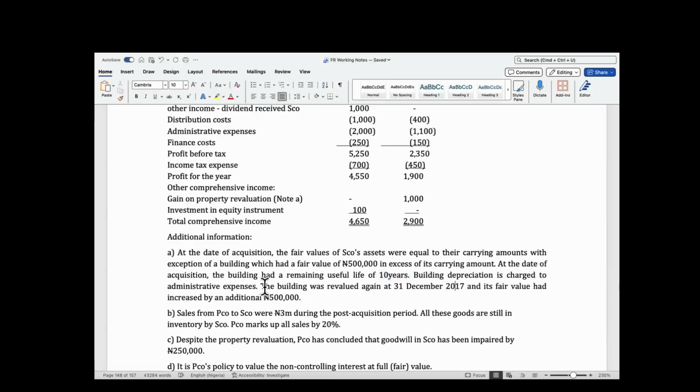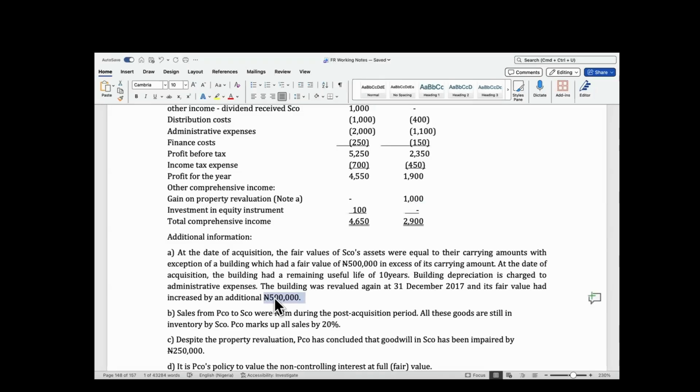Additionally, we're told that the building was revalued again at the end of the year, and its fair value had increased by 500,000 again. So that year alone, there were 2 revaluations, one at the beginning of the year, one at the end, and this is that 1 million that you're seeing here. Of this 1 million, 500 is pre-acquisition, and the remaining 500 is post-acquisition, because this one is a fair value surplus at the end of the year.